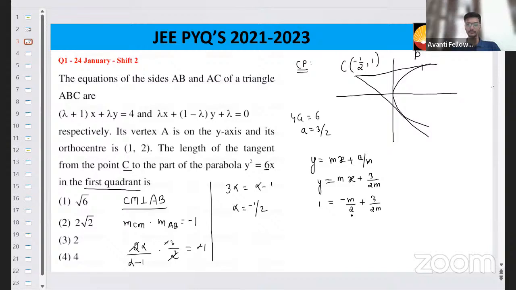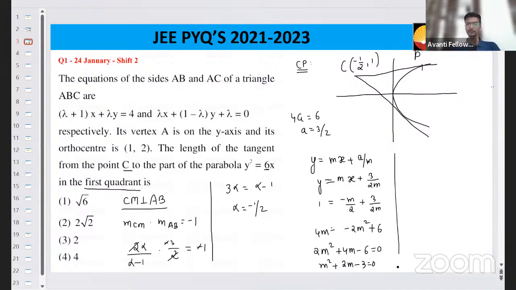Right? So if we cross multiply, we get 2m into minus 2m square plus 6 upon 4m. So I think we'll get 2m square plus 4m minus 6 equals 0, which we can reduce to m square plus 2m minus 3 equals 0.